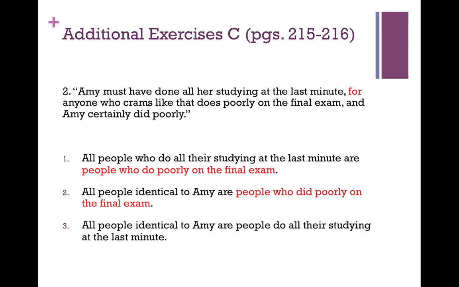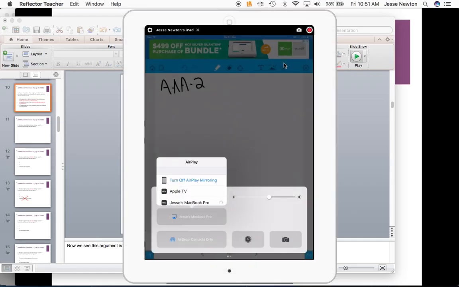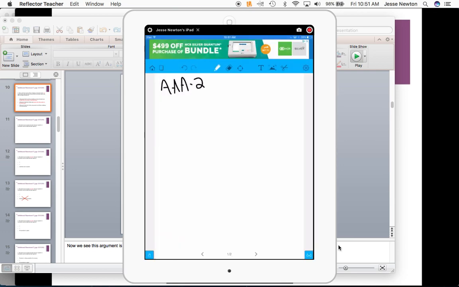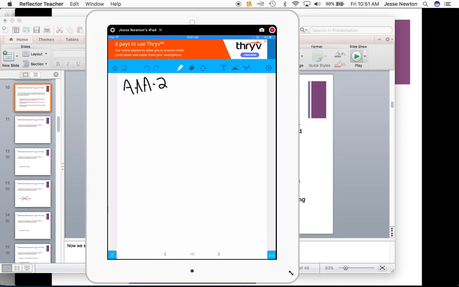But notice here that the middle term is the predicate term of both the major premise and the minor premise. So now that we know the mood and figure of this argument, we can construct a Venn diagram to test whether or not it is valid or it is invalid.